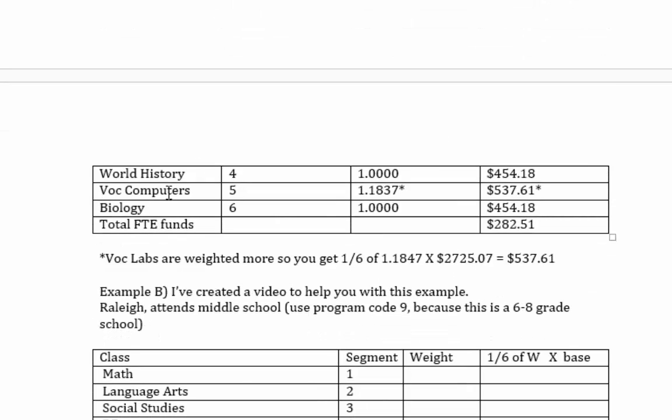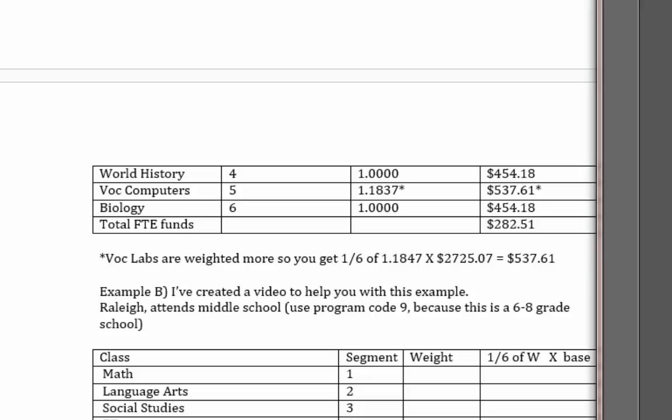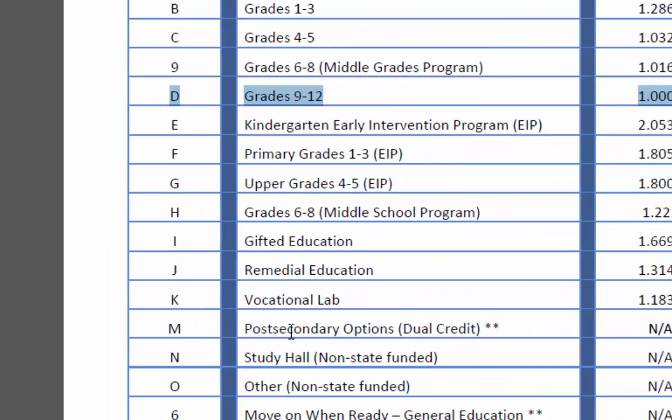But notice he takes a vocational computer class in the 5th segment. It gets a little bit more weight, and I can find that by looking over here to find vocational lab.